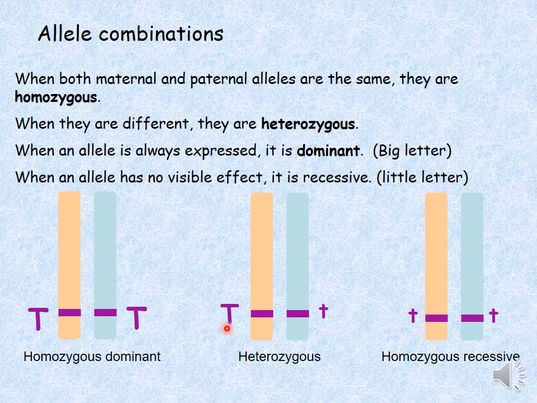This whole purple being the big T, white being the small t, the white will be expressed. Heterozygous. So this is when they are different, big T, little t. And which one will be expressed? Because the big T is dominant over the small t and they're both present, the big T will be expressed and the little t will be masked.